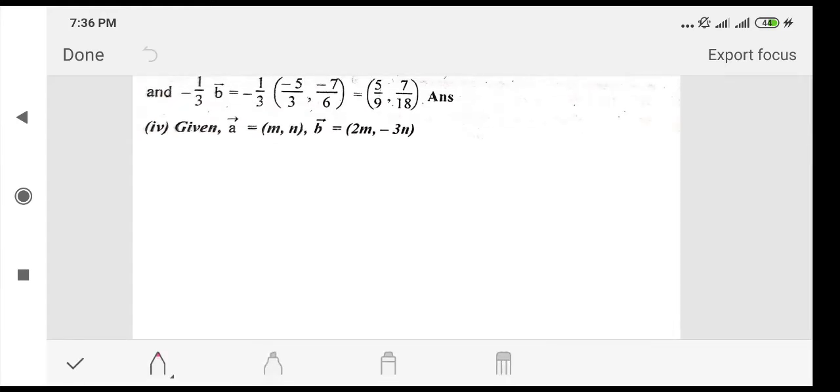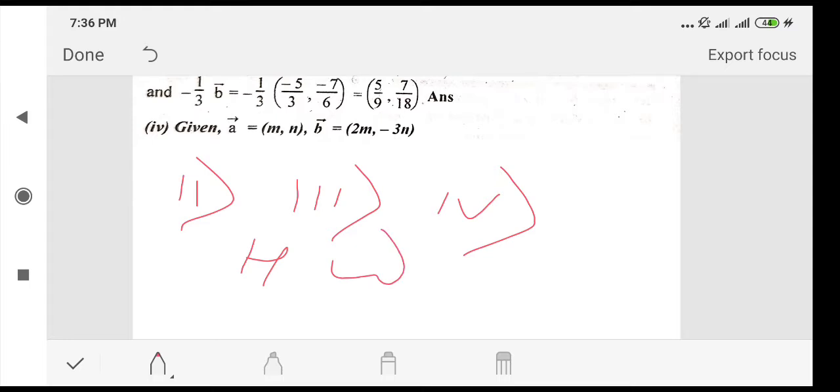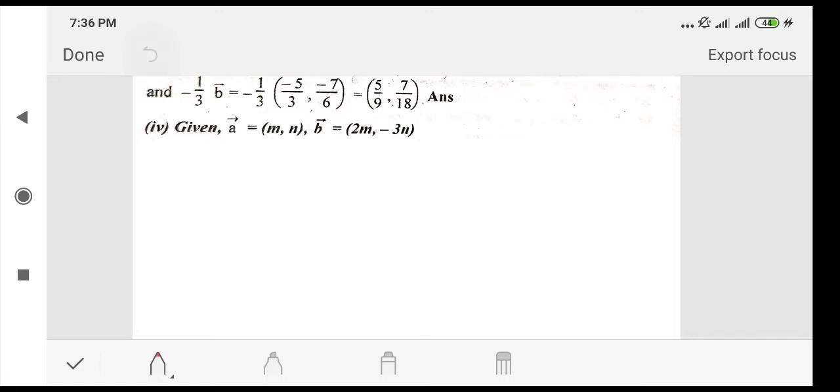You first solve them, and after solving you can check your solution from the given answer sheet.